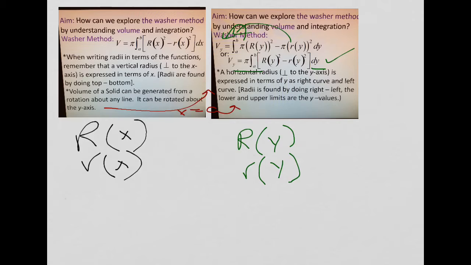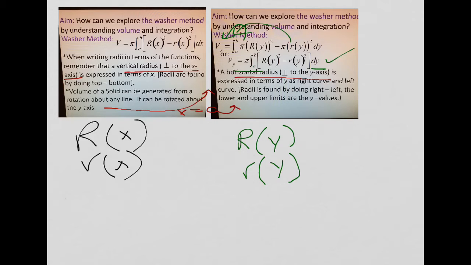Now, when we look at our drawing and we start rotating a region around the y-axis or some line like x equals 0 or x equals a, we're going to have a horizontal radius, perpendicular to the y-axis. It's just things that are reversed from what you knew before.